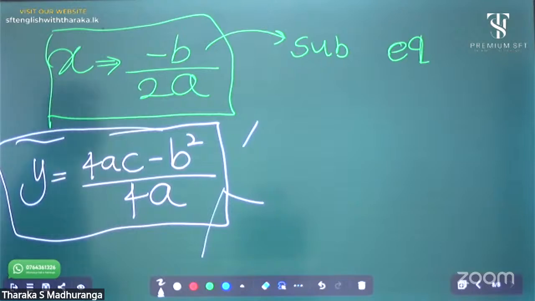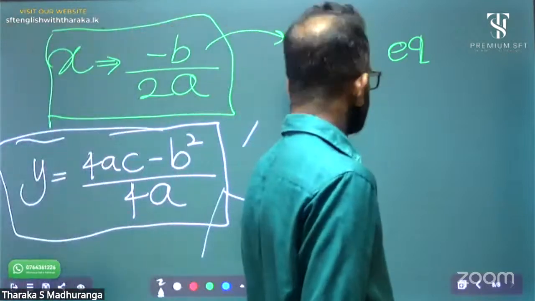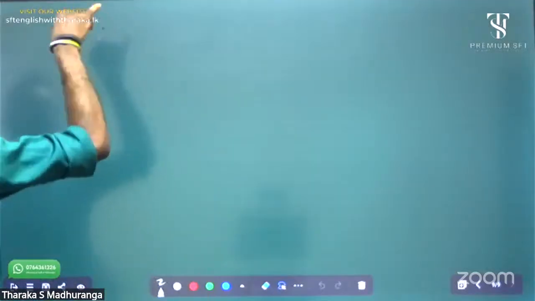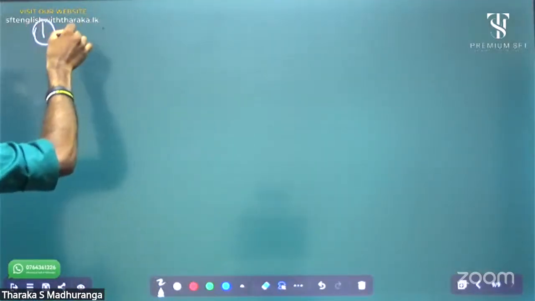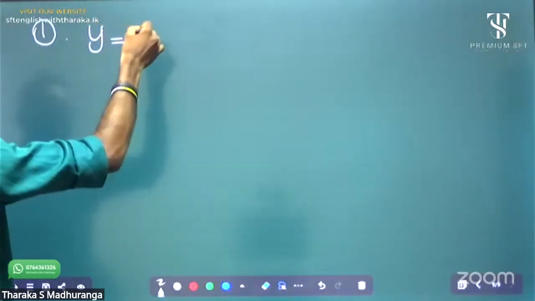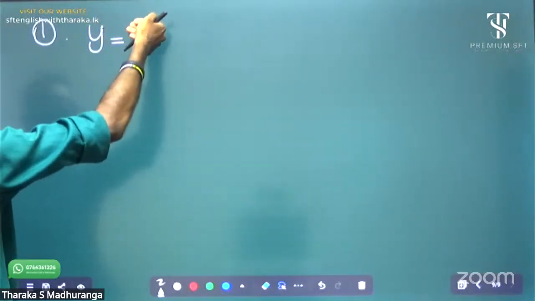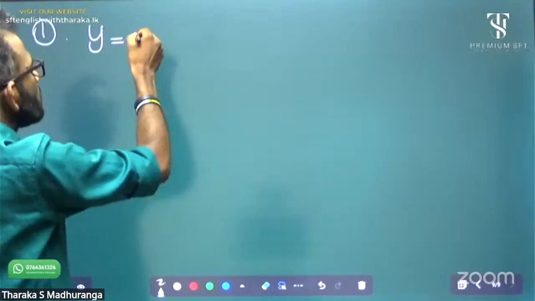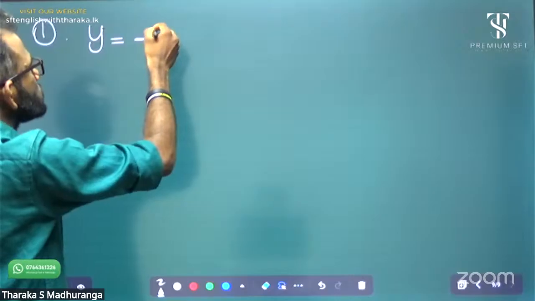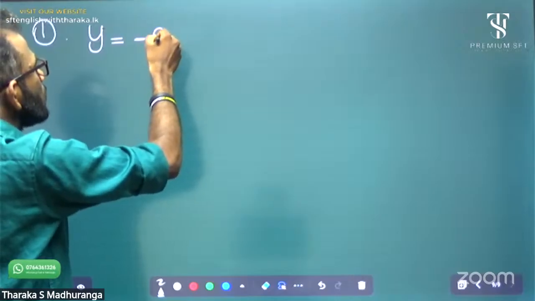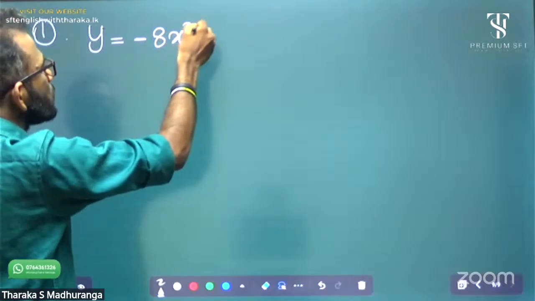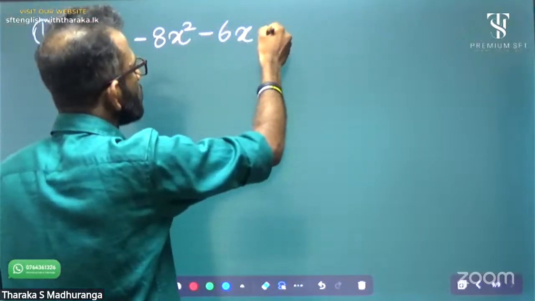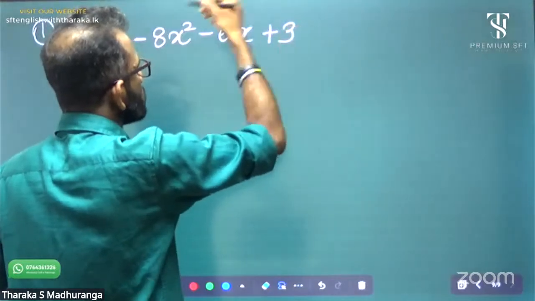Okay, let's do another calculation. This is question number 1. Examples done. Question number 1: y equals minus 8x squared minus 6x plus 3.